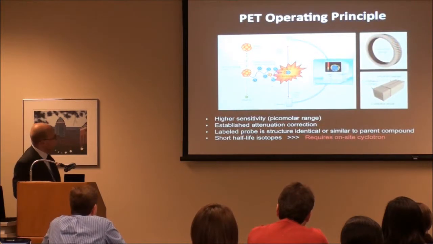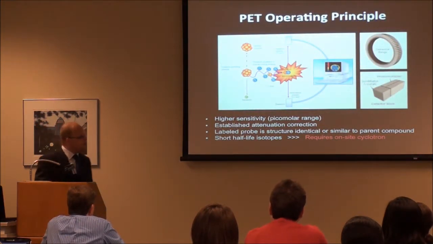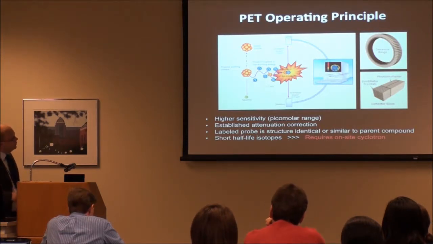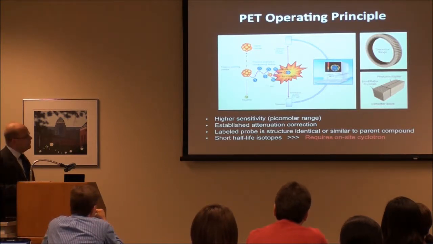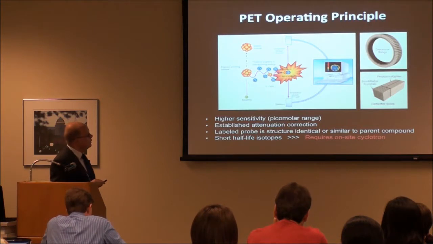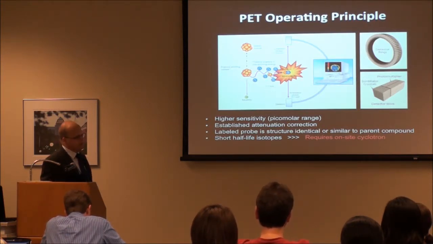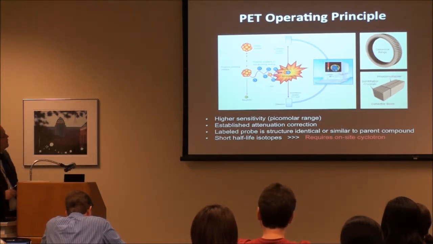So let me talk about some operating principles. PET, which stands for positron emission tomography, is based on the emission of a positron from an unstable radioactive isotope atom. This positron, which is antimatter, travels within the body, and then it annihilates with an electron in your body. It's like a small kind of explosion. Of course, it doesn't damage your body, but it's annihilation.